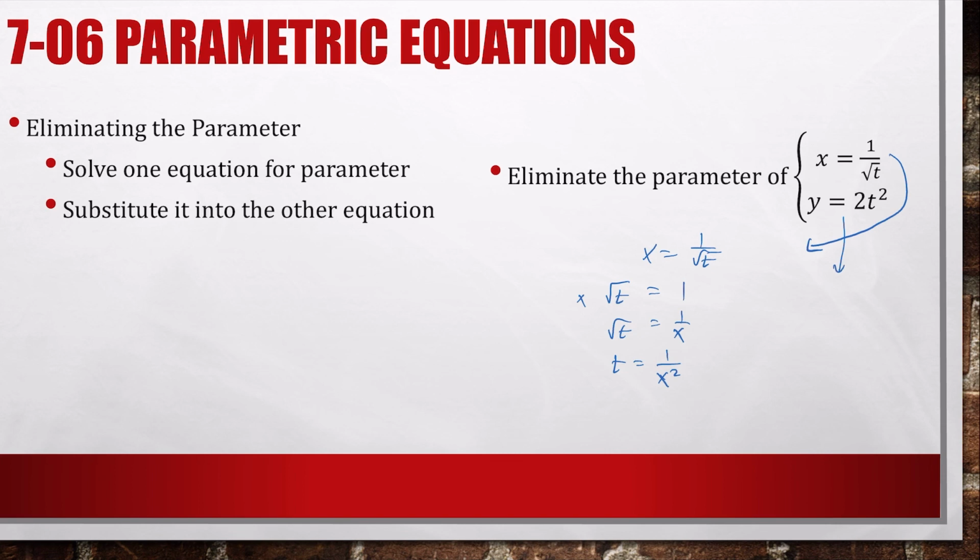Then I can take this second equation and replace t with the 1 over x squared, which simplifies. See, if I square it, that would be 1 over x to the 4th, which will give you 2 over x to the 4th if you multiply by 2.